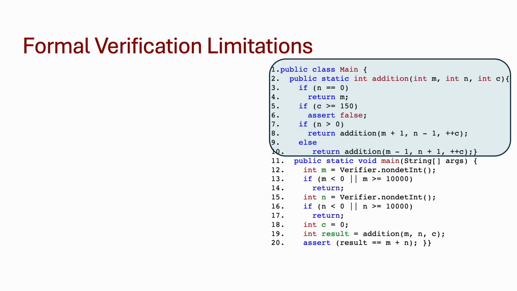Here, for example, is one program that's actually used in SVComp, which is a popular software verification competition. This program is about adding two numbers, so pretty simple. It's adding M and N, and this addition is happening using recursive invocations, and C just describes the depth of that invocation, and there is a made-up assertion failure here at line 6 whenever that depth reaches 150.